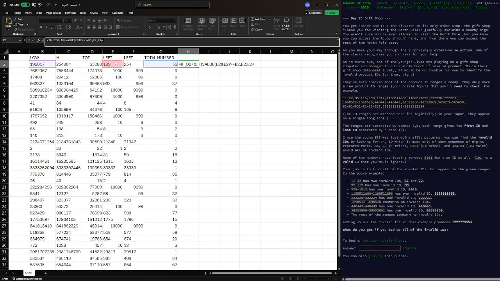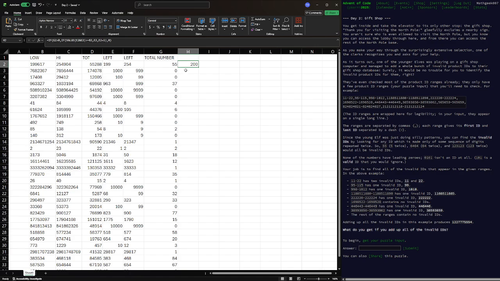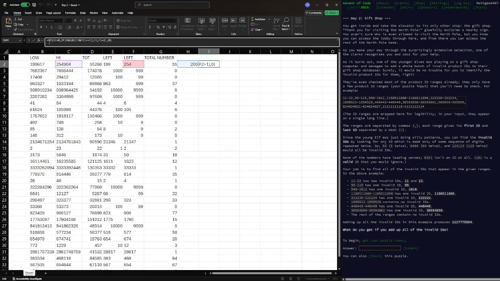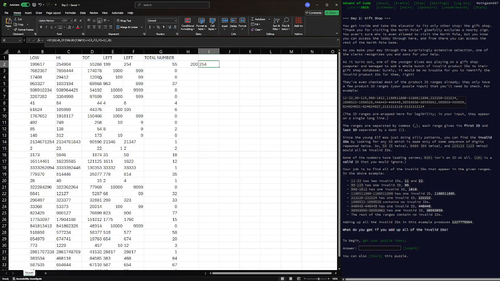Otherwise, this plus 1. Otherwise, 0. Okay, so 200. And then we do the exact same thing over here, except instead of looking at H2, you still look at G2. Except we do less than equal to C2. We go from 200 to 254.